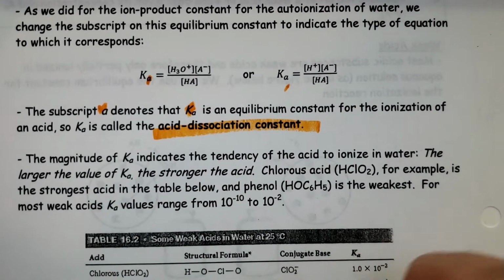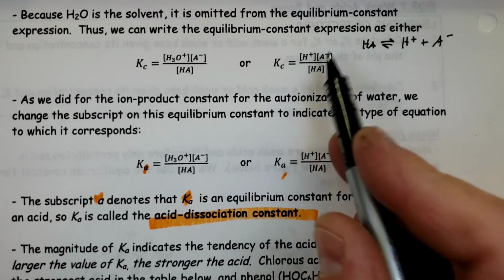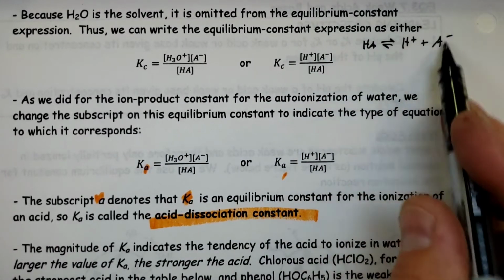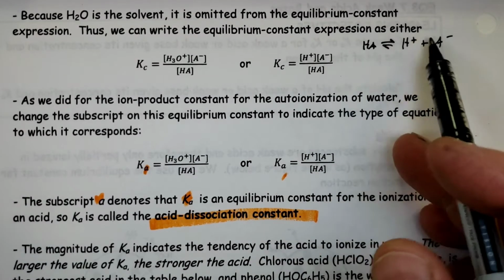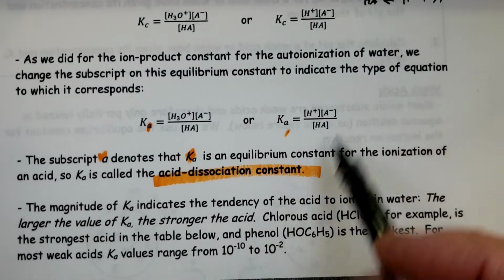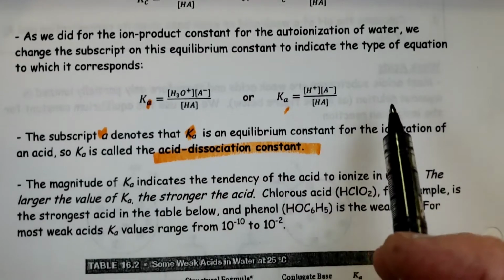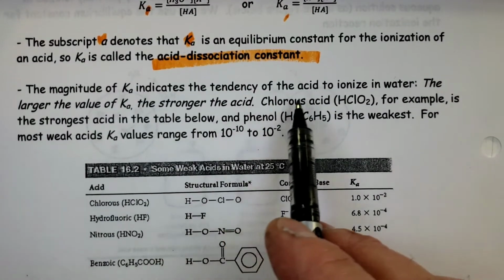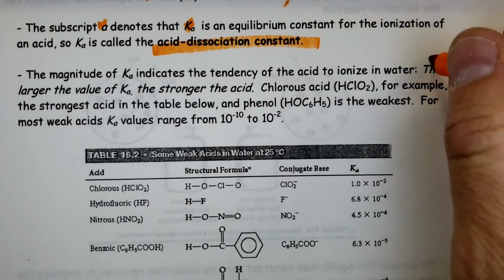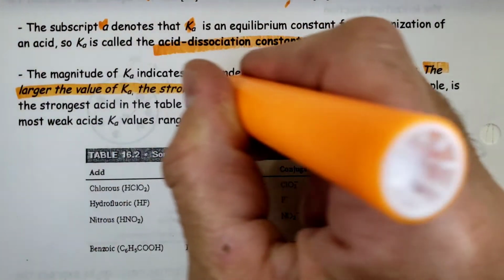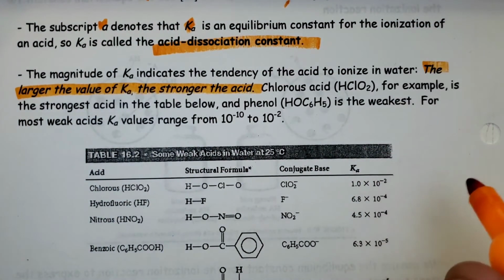And of course, to figure out Ka, you're basically taking, again, products over reactants. How much is in product compared to reactant? If it was a strong acid, all of it would exist in product form, but here only partially breaking down. So the larger the Ka, the stronger the acid, because the more that exists in the ionized form.